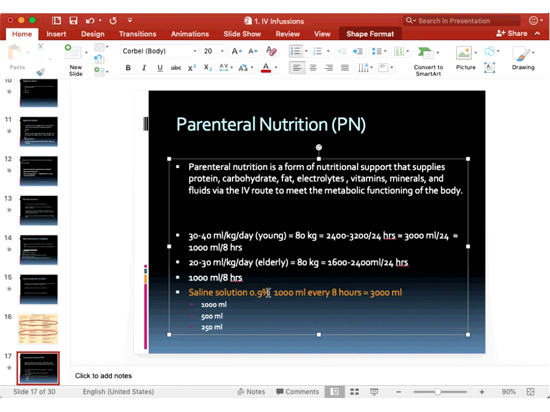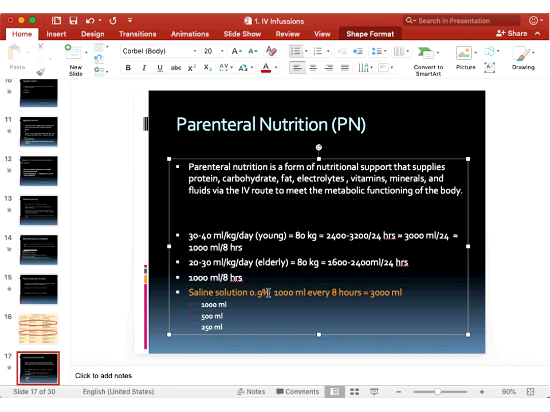Okay, now in the elderly people, we have to lower the dosage because we don't know if elderly people have a cardiac function in excellent condition. If they don't, and we infuse large amounts of volume, we're going to cause pulmonary edema, and we want to avoid that.